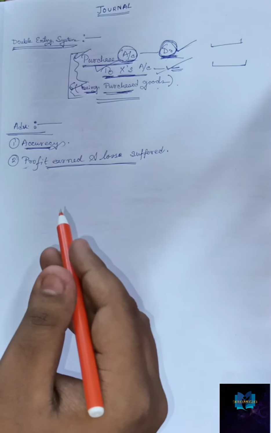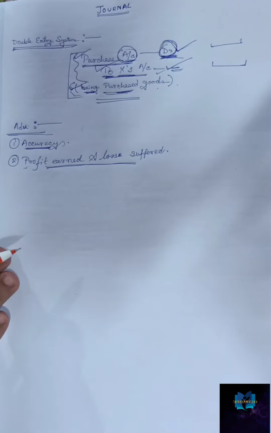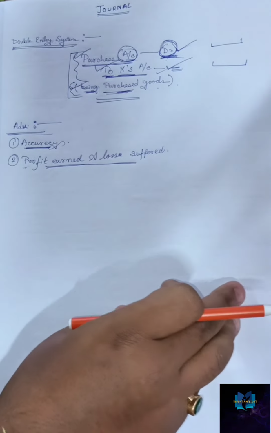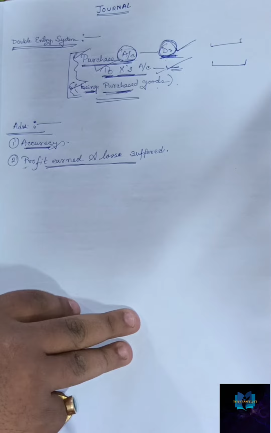We add the debit side in the trial balance, and we add the credit side, and we subtract the credit side from the debit side. If the amount is positive, we have profit. If the amount is negative, we are getting loss.